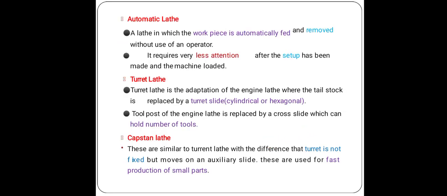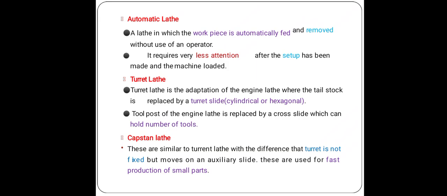Automatic lathe: a lathe in which the workpiece is automatically fed and removed without the operator. It requires very little attention after the setup has been made and the machine loaded. Turret lathe: an adaptation of the engine lathe where the tailstock is replaced by the turret slide.